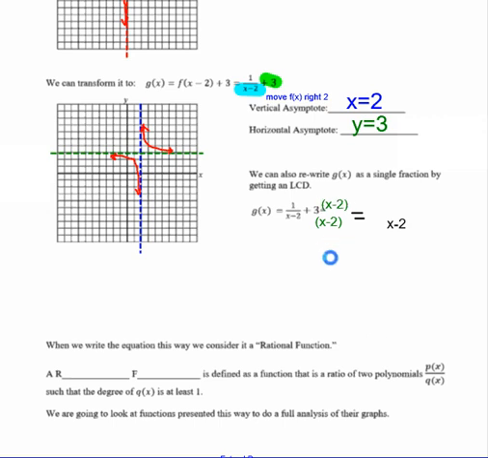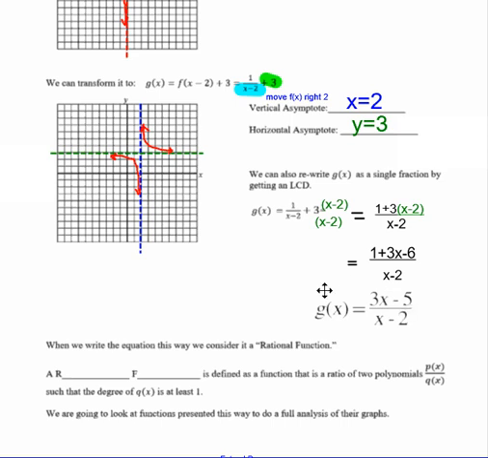The resulting numerator will be 1 plus 3 times the quantity x minus 2. We then need to do some simplifying in order to combine the like terms and distribute the top. And our final rewritten version of g of x would be that g of x is equal to (3x minus 5) over (x minus 2).